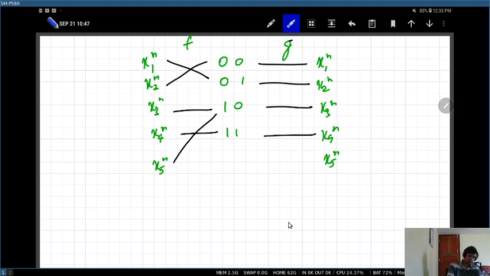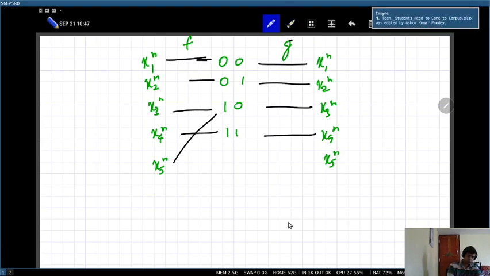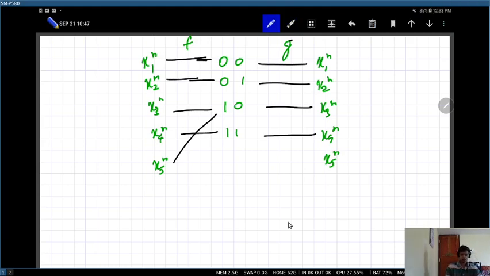So if someone tells you what the decoder is, then the encoder has to follow this, right? So in particular, if g of ck equals xn, then a good encoder should always map xn to ck.